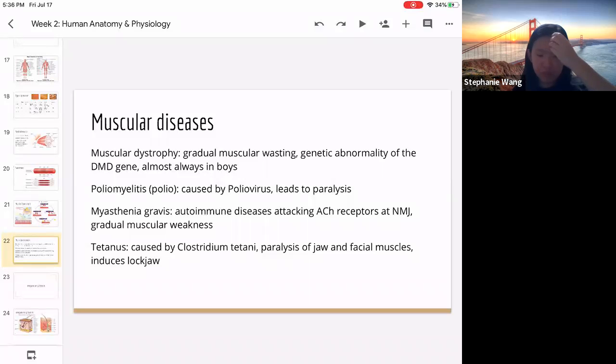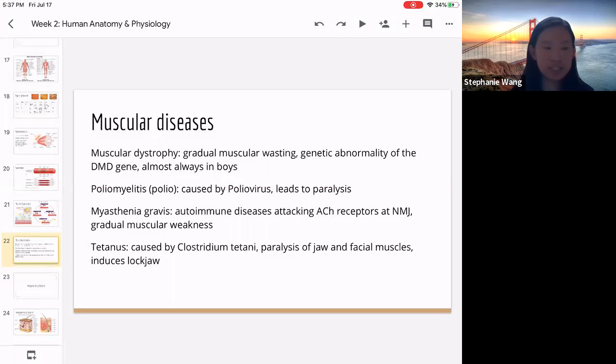What that causes is gradual muscular wasting, meaning that your muscles start being unable to contract and you can't walk, basically. Most people with muscular dystrophy need a wheelchair, and they can barely stand up because their muscles aren't able to contract since the structure is messed up. And it's almost always in boys.